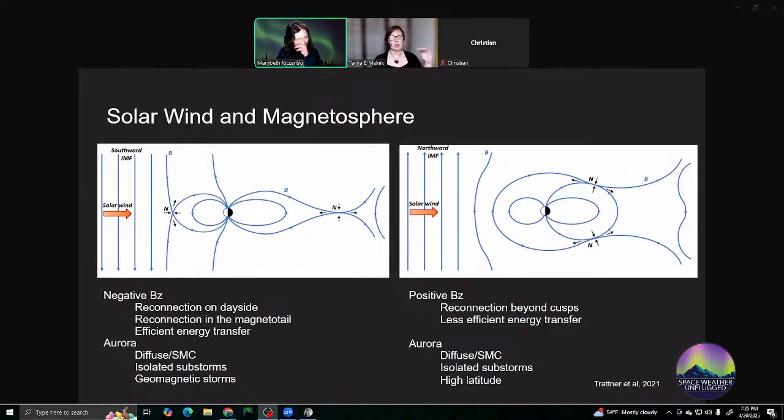So the greater the difference in absolute number between BT and BZ, the more energy is being transferred. So if you have, for example, BT that's 15 and BZ 10, not going to get much. But if you have BZ that's closer to 0, even though it's positive, you're still going to have some energy transferred. Obviously, that's more of a continuum.